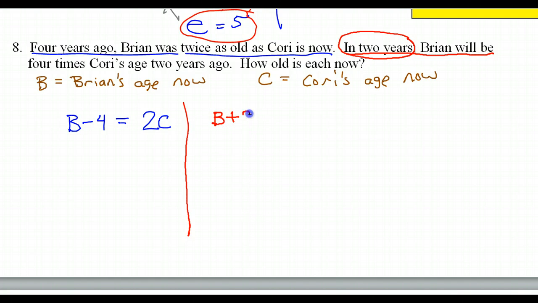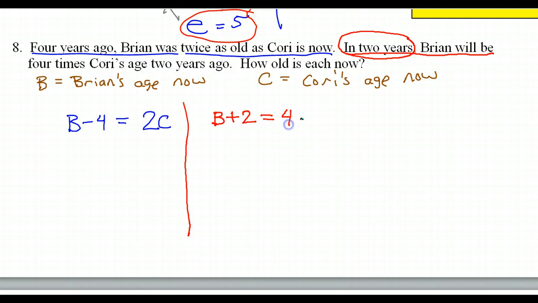Hopefully you said B plus 2. However old Brian is now, and that's what B represents, his age in 2 years will be B plus 2.